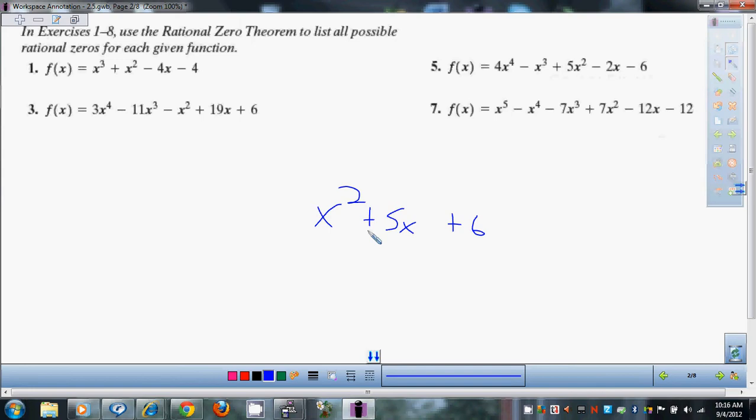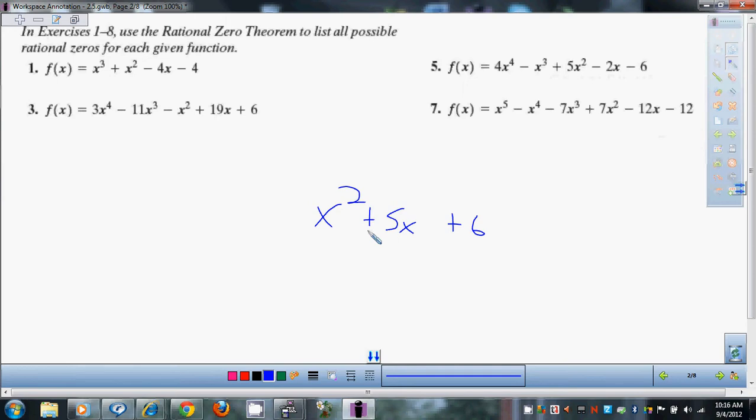So if you want, tell me what the factors would be and I'll ask you how you got it. Yeah. That's right. X plus 2, X plus 3. How did you know 2 and 3? That's right. 2 numbers that multiply to get this, right? 2 factors of 6. That same principle applies for all polynomials. Now, it's just not quite as simple because there's more terms in the middle.